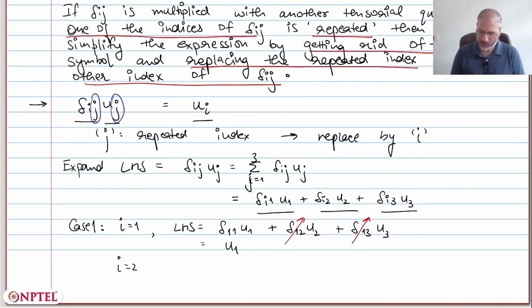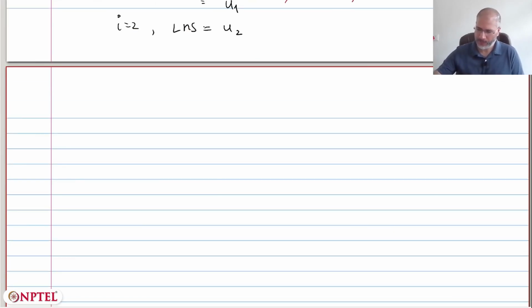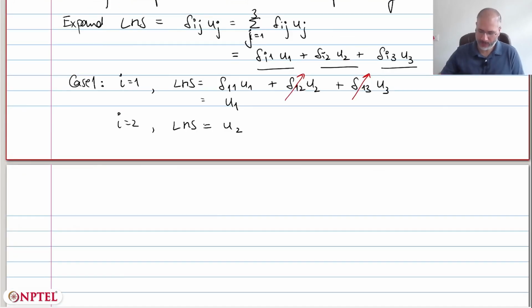Similarly, if i was equal to 2, then the expression would have been u2. So we can see the pattern here, that the final expression will ultimately become ui, which is equal to the right hand side.